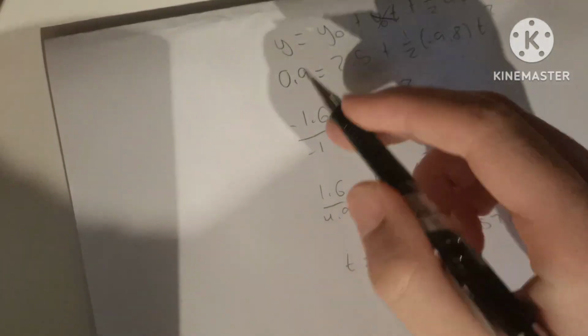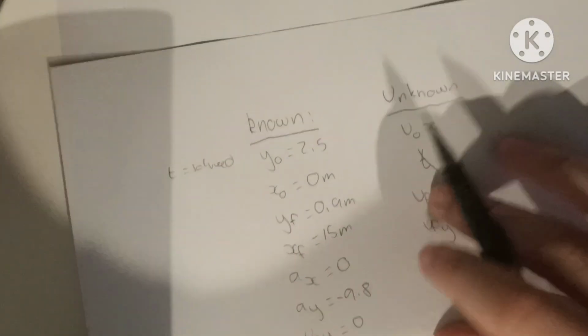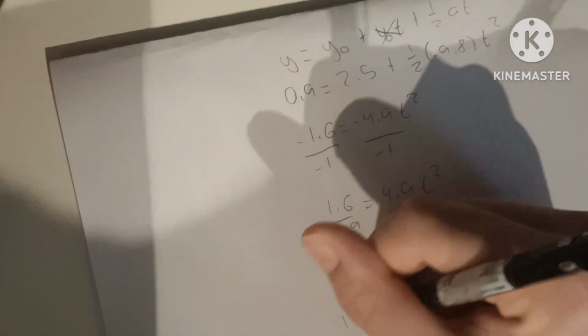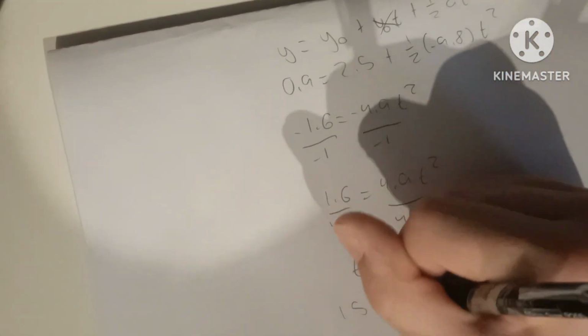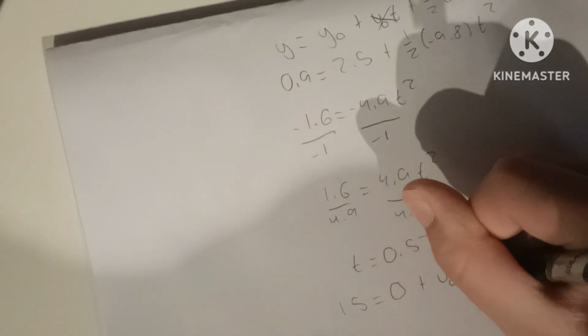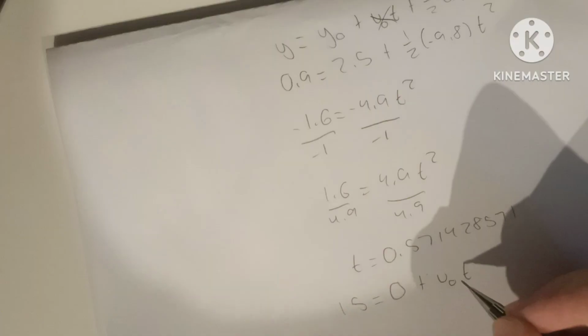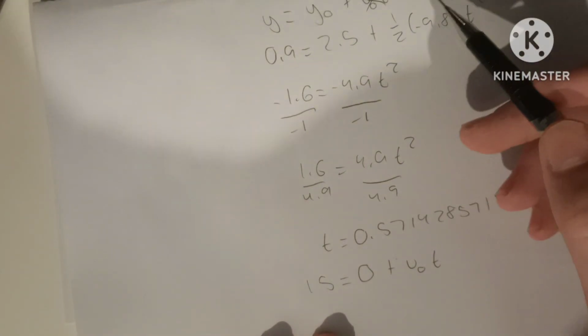So our final x position was 15 meters. So we have 15 is equal to our initial x, which was 0 because we're starting at 0, 0, plus the initial v. That's what we want to solve for. Plus 1/2 at squared.